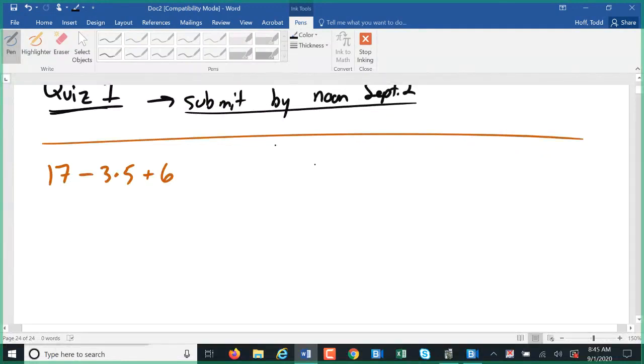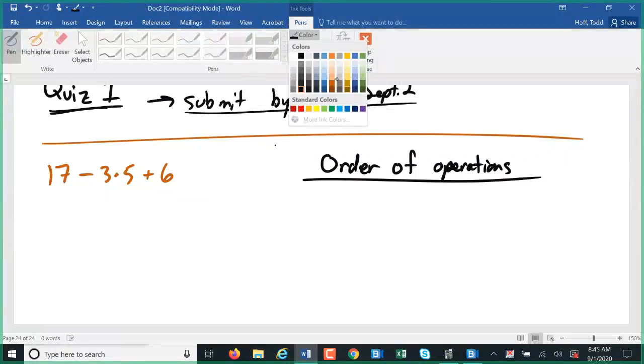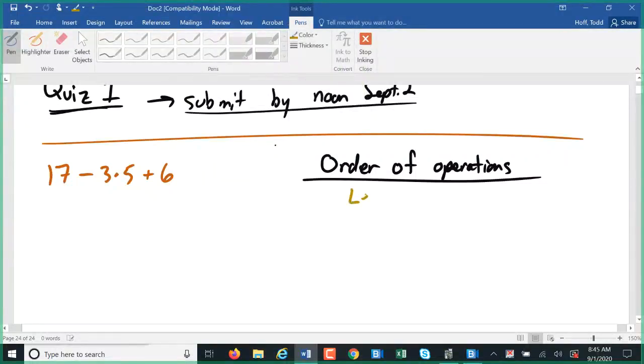So what we have done is we've defined something to help out with a problem like this called the order of operations. Now, a lot of people mistakenly view the order of operations as a set of steps. And that's not it. You don't do step 1, then 2, then 3, then 4, then you're done. What it really is, it's levels of priority.